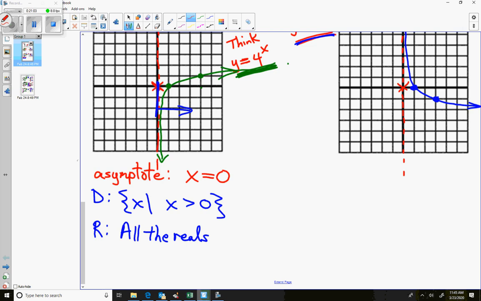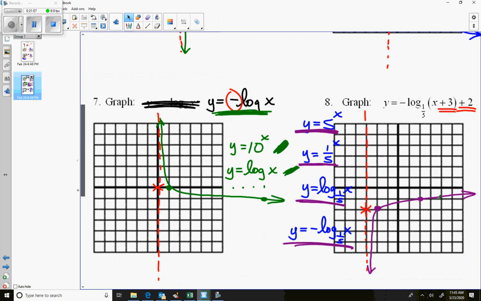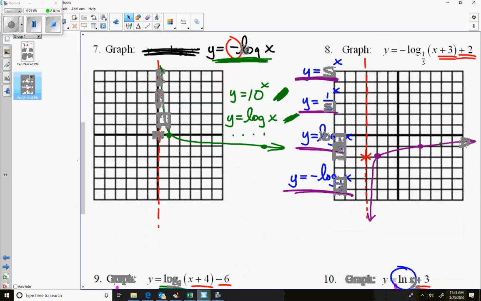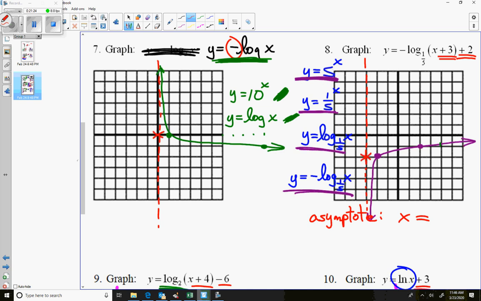Alright, let's just jump down to number 8. Quick one, that was number 8. So what was the equation of this one's asymptote? Okay, it crosses the x-axis at -3. So x equals -3 would be the equation of your asymptote.